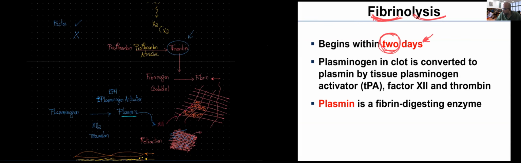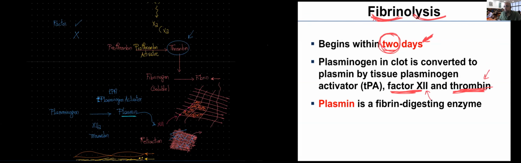Why? Because the formation is much faster than the destruction. So don't get confused when you read how come tissue factor is the one that enhances the formation of a blood clot, it's also enhancing its breakdown. How come the thrombin that actually transforms the soluble fibrinogen into insoluble fibrin, forming the blood clot, is going to be enhancing the blood clot breakdown? Yes.